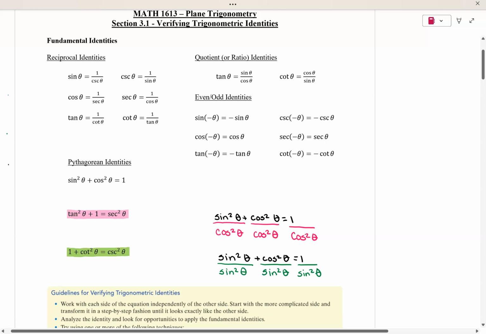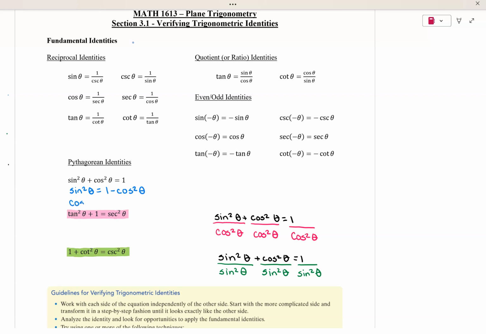So now let's talk about rearranging them. Every single one of these can be rewritten 2 more ways. Think about it here. If I wanted this to say sine squared, what would I have to do to both sides? Hopefully you said subtract cosine squared.